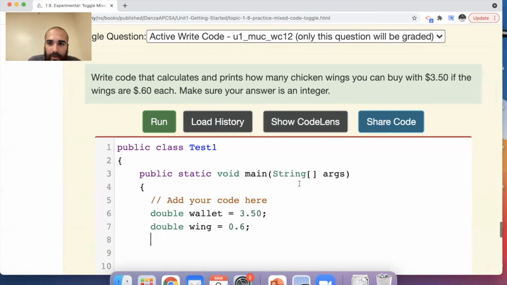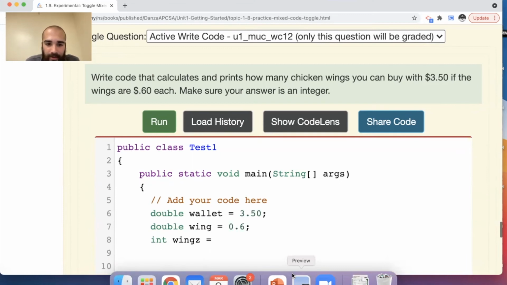Write code that calculates how many chicken wings you can buy. Okay, so I got 3. So I want to be able to figure out how many chicken wings I get. So I'll say int wings, right?